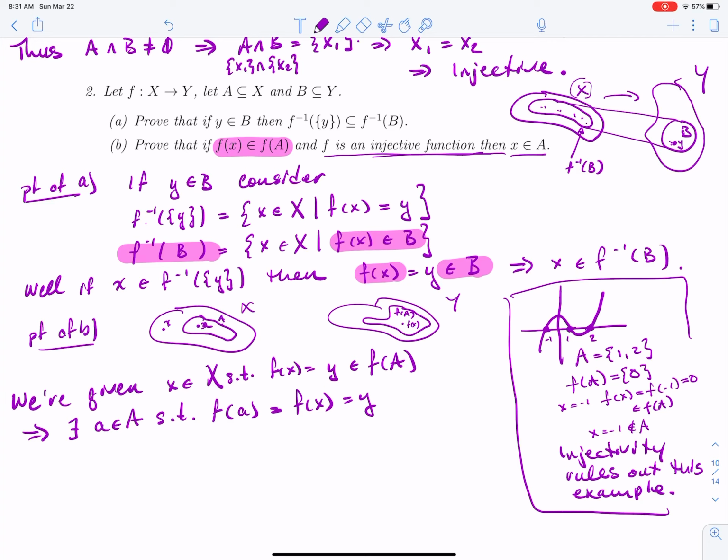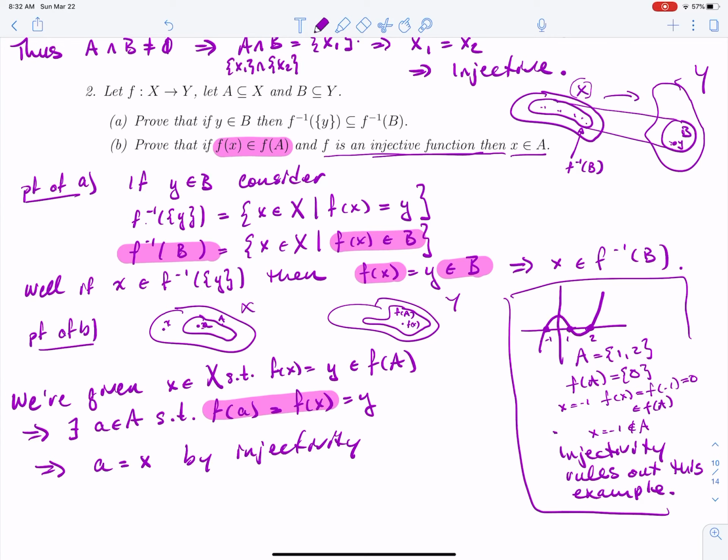So now what we have is a statement that's perfectly set up for invoking the injectivity hypothesis. Because f of a is equal to f of x, what we know is that a must be equal to x by injectivity, which is exactly what we didn't have in our example over there.